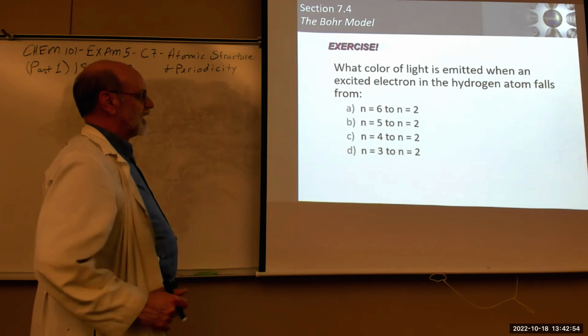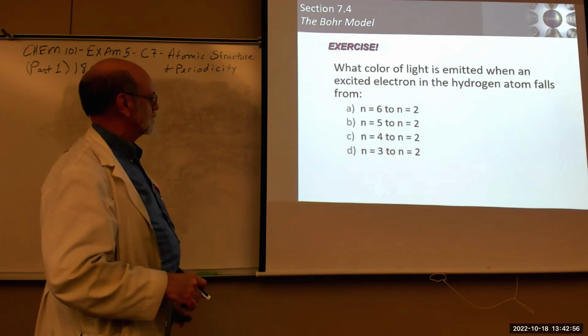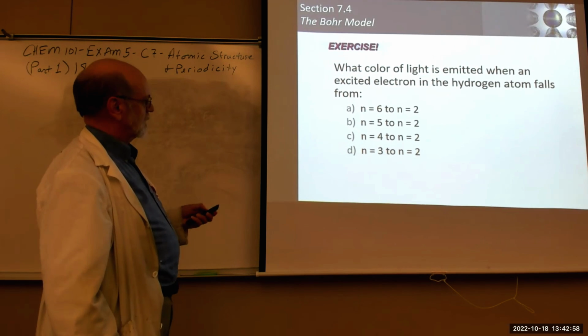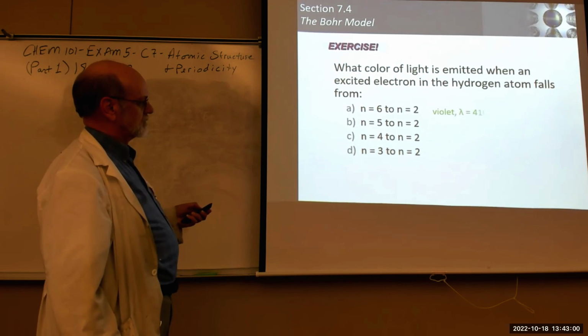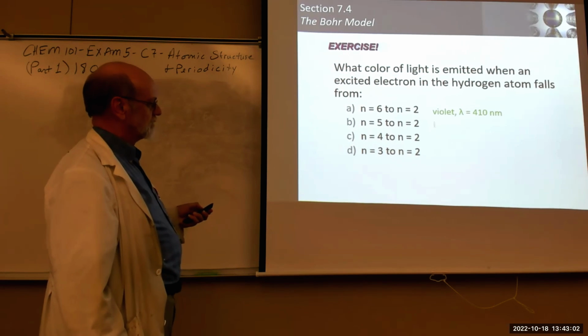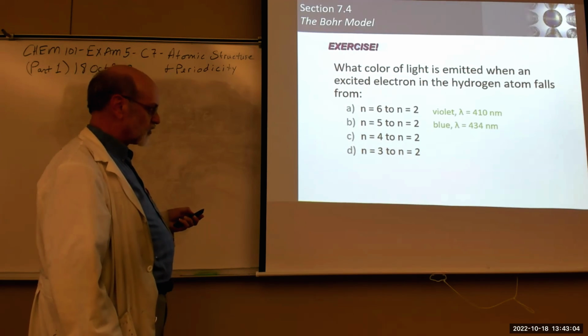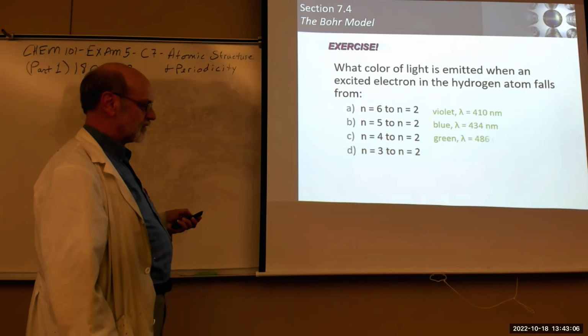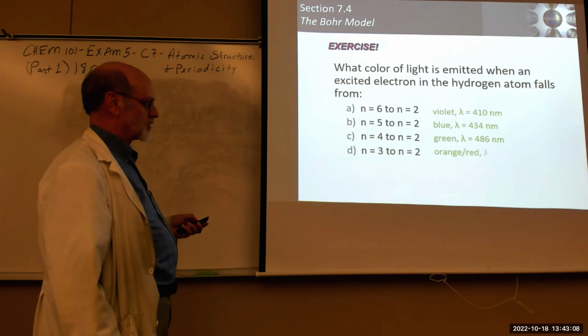So what color of light is emitted when an excited electron in hydrogen falls from? All right, so that's the shorter wavelength, the bigger jump, not so big a jump, even less jump, and a smaller jump.